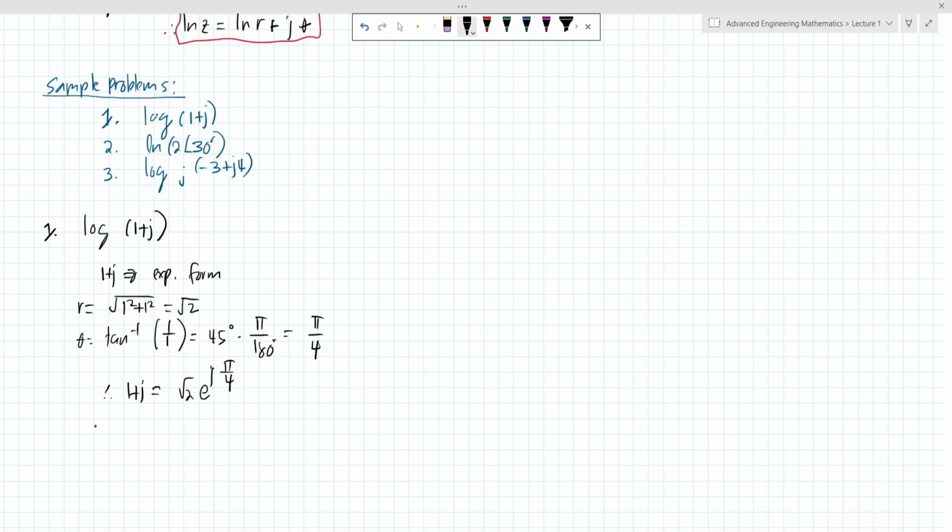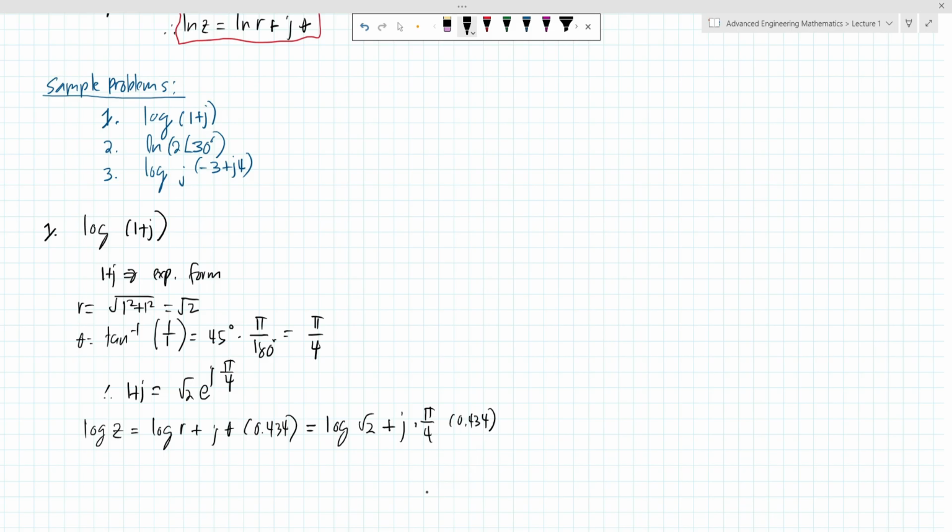We know that the log of z is equal to the log of r plus j theta multiplied by 0.434. So substitute the values for r and theta, and we get the log of the square root of 2 plus j pi over 4 multiplied by 0.434.